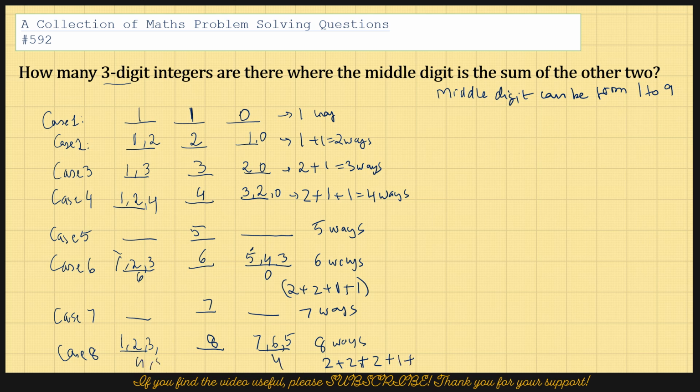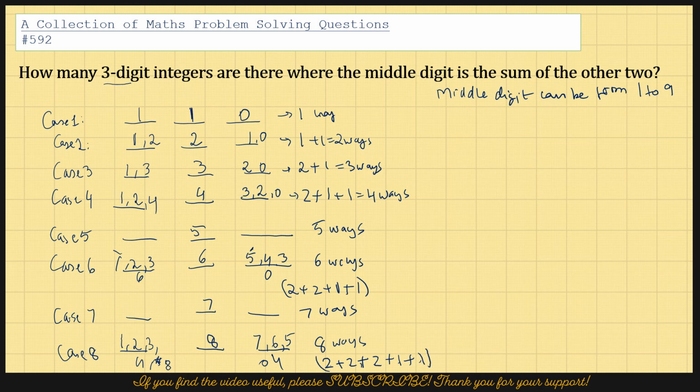Putting 5, 6 or 7 is already done. The only one remaining is 8 and 0, plus 1. That's 8 ways.